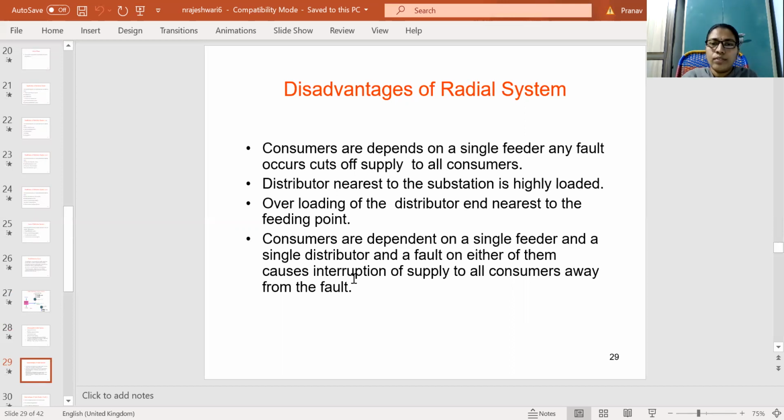The overloading of the distributor end nearest to the feeding point, and consumers are dependent on the single feeder and a single distributor, and a fault on either of them causes interruption of supply to all consumers away from the fault. So this is the major disadvantage of radial systems.